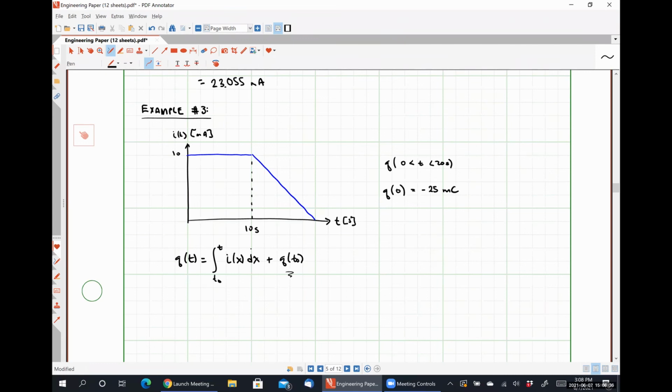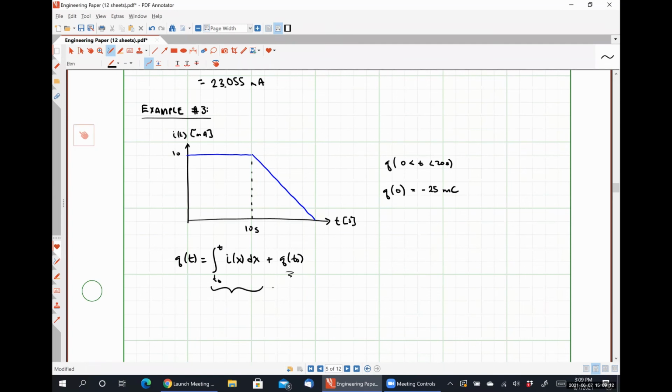Who can tell me what an easier way to solve this is than mathematically doing the integration? Area under the curve, absolutely correct. All of the graphs that I present to you and make you analyze will be based on simple shapes like rectangles, squares, and triangles.